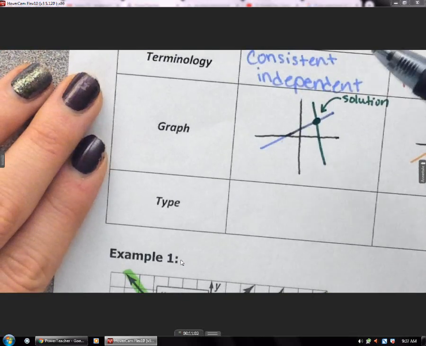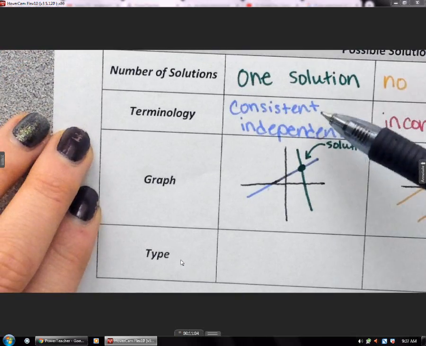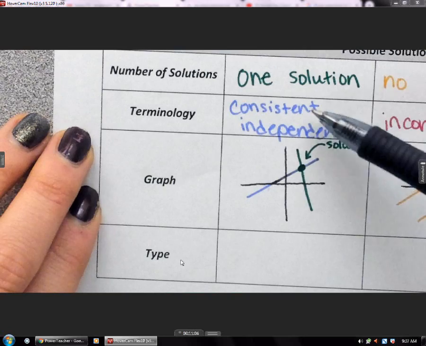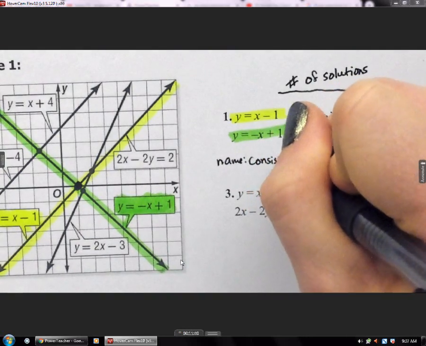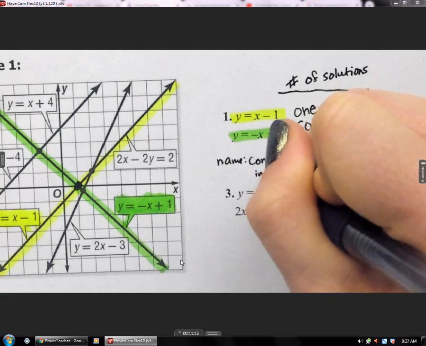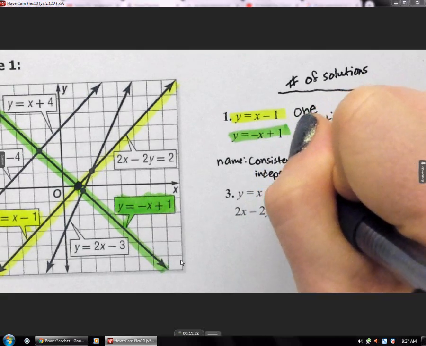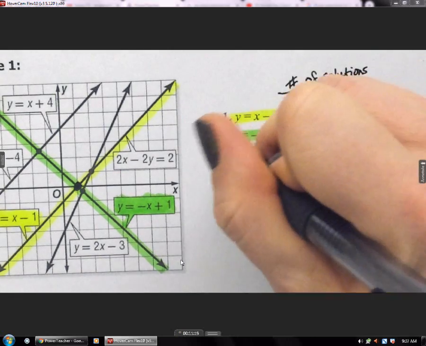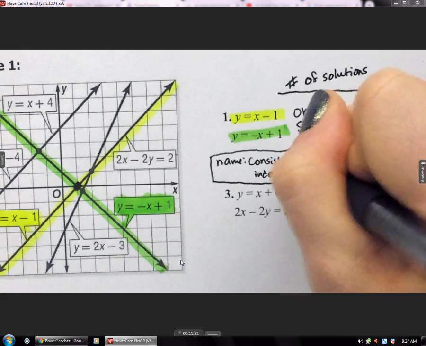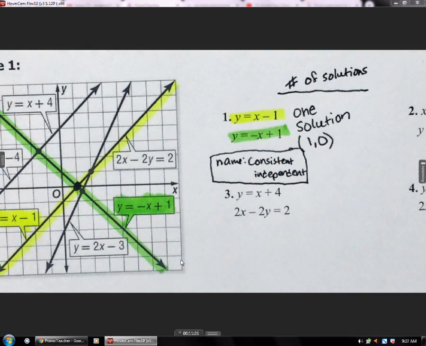This is consistent independent. I think for your first set of homework, you only have to write consistent independent. I'm showing you both, but just follow the directions.